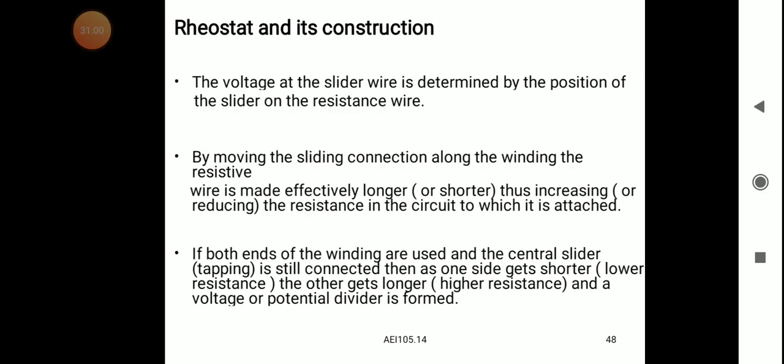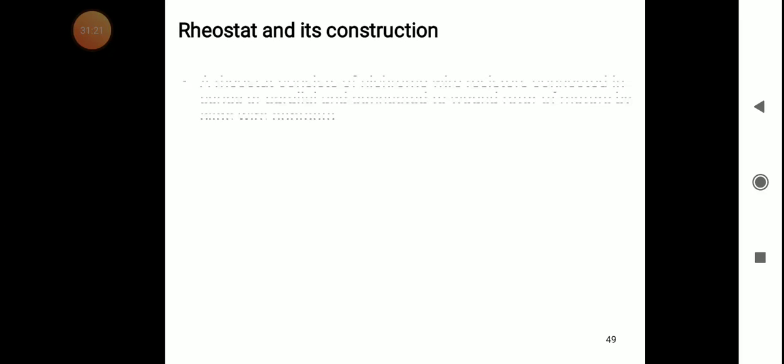If both ends of the winding are used and the central slider is still connected, then as one side gets shorter the other gets longer, and a voltage or potential divider is formed.